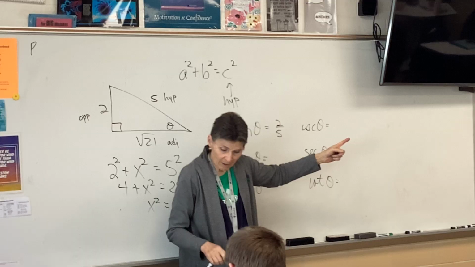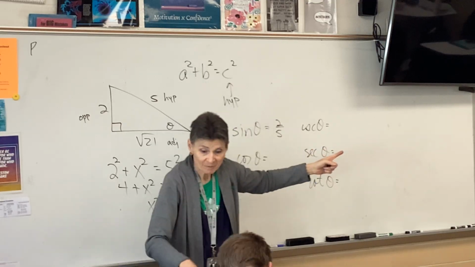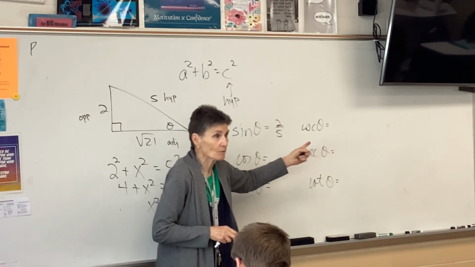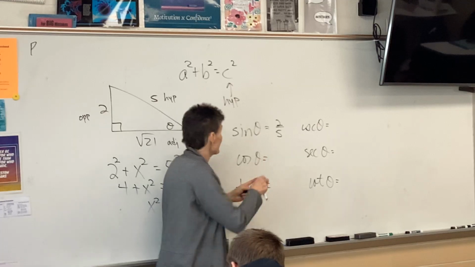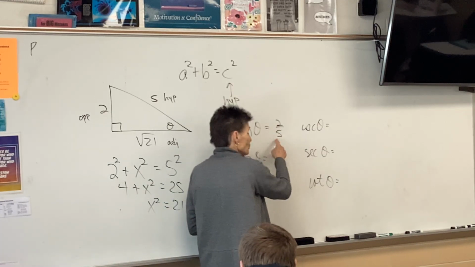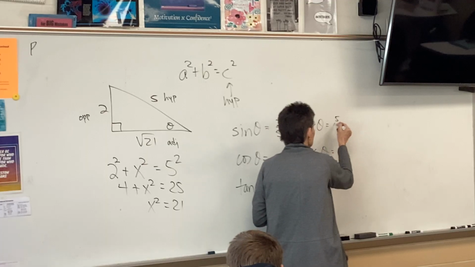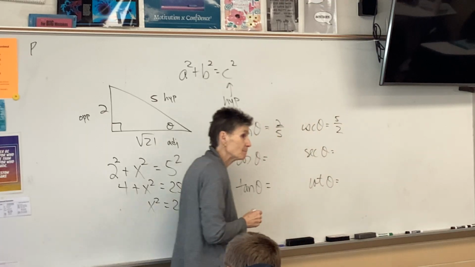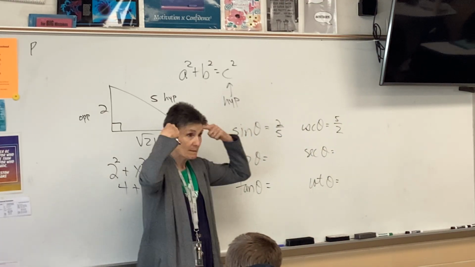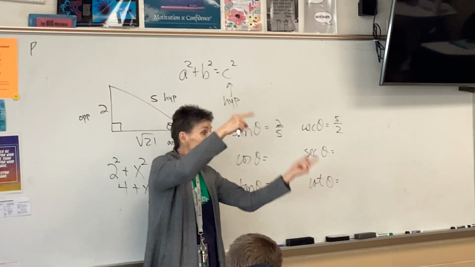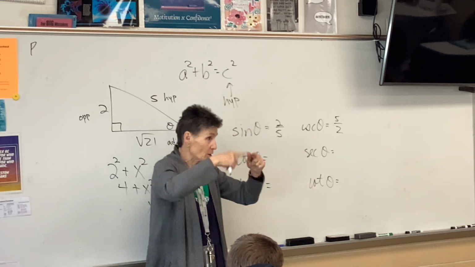If you look at your definition of cosecant, doesn't it say hypotenuse over opposite? So as soon as you know the sine is 2/5, you automatically know the cosecant is 5/2. You need to memorize sine, cosecant, reciprocals.